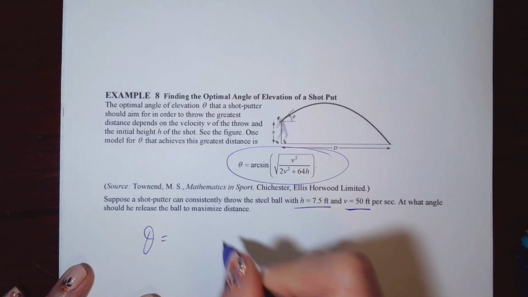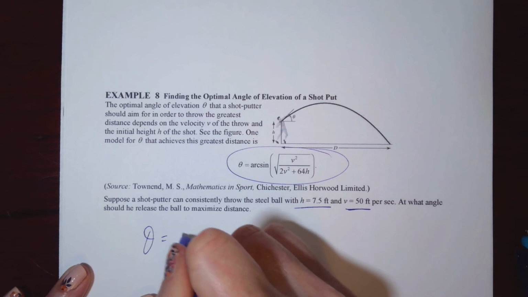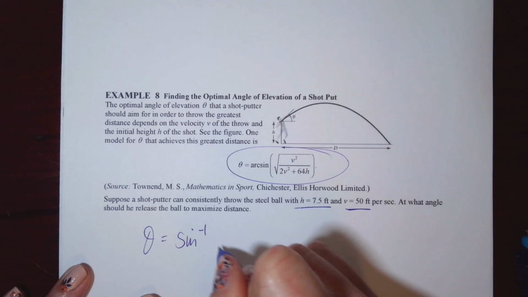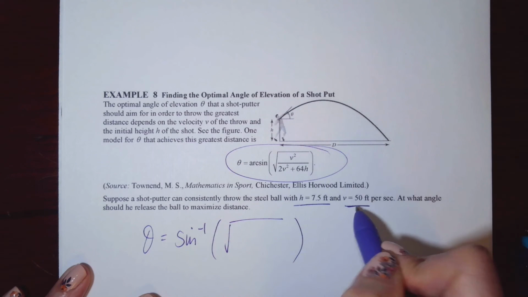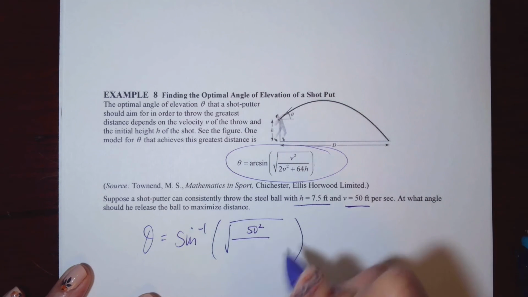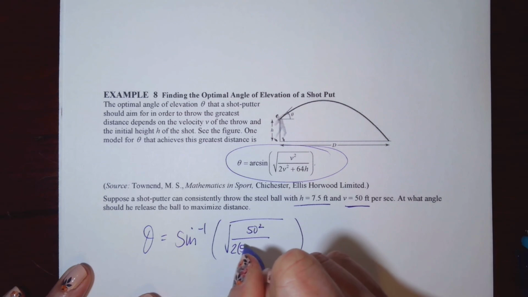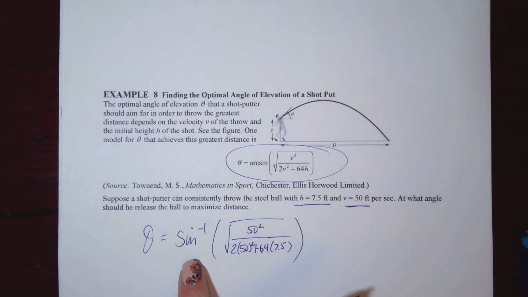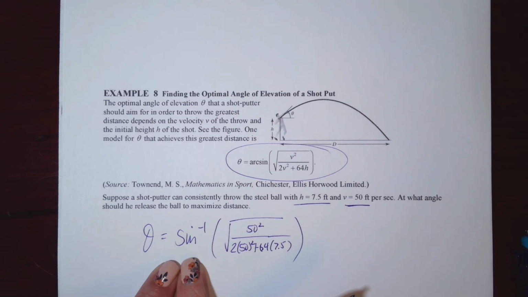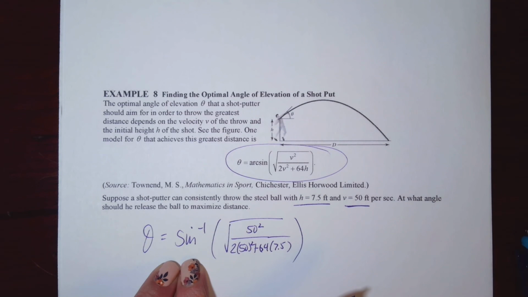So this is calculator math. You're finding sine inverse of velocity squared, 50 squared, over 2 times velocity squared plus 64 times the height, 7.5. And we are finding the angle theta in degrees.